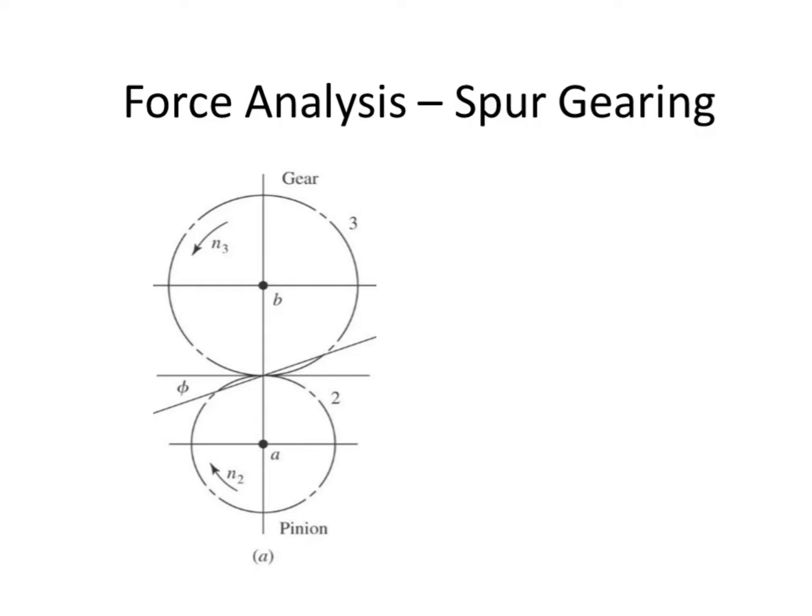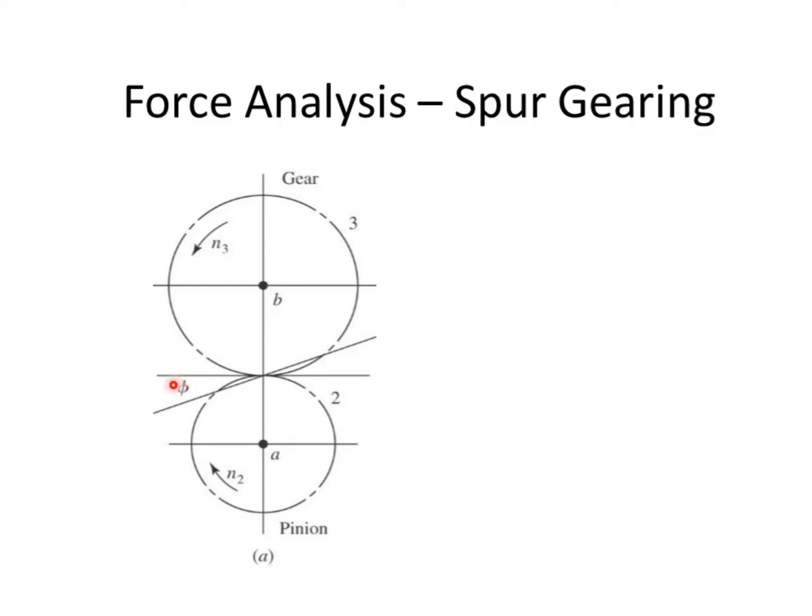Line of action is the line along which the force will act. It is also called pressure line. It is always tangent to the base circle of the gear. Means that it would be tangent to the base circle of gear 2 and base circle of gear 3. This is the pressure angle.